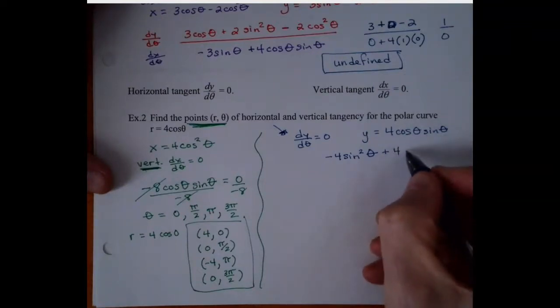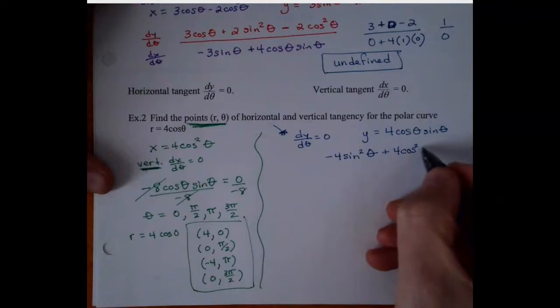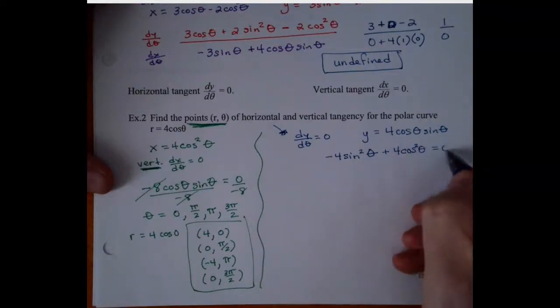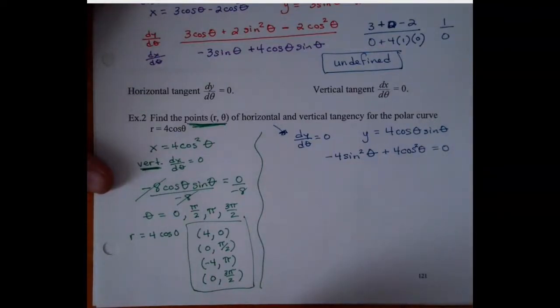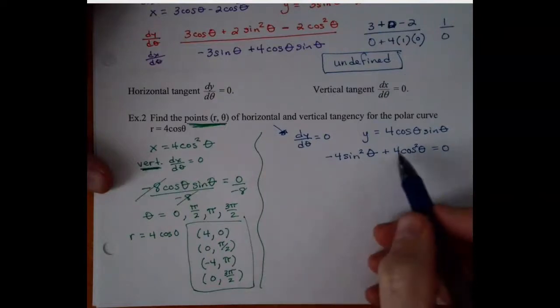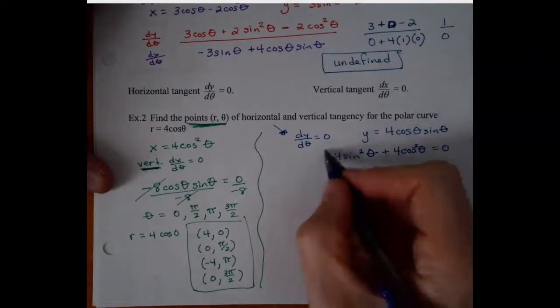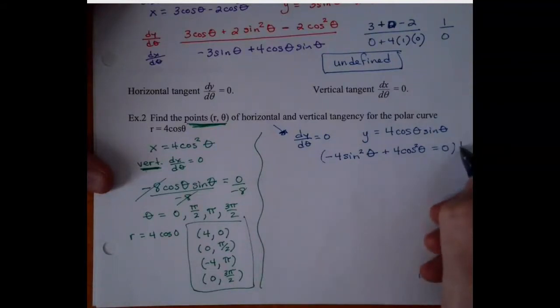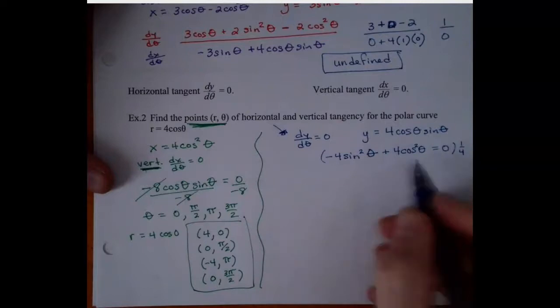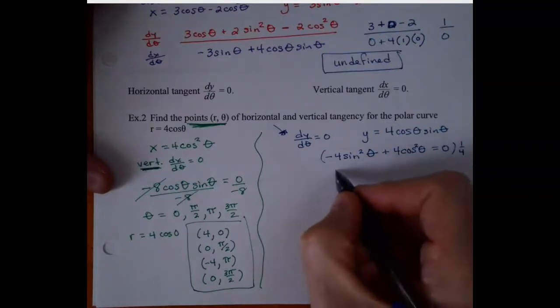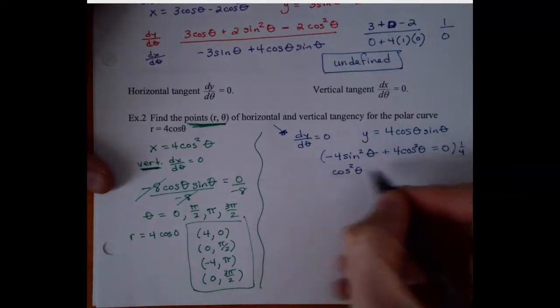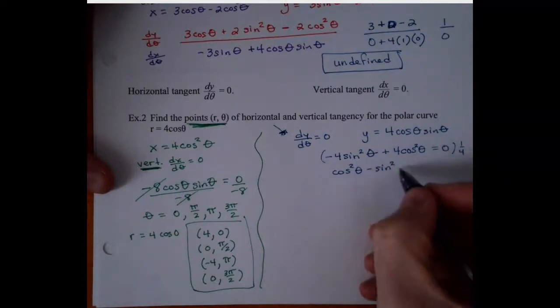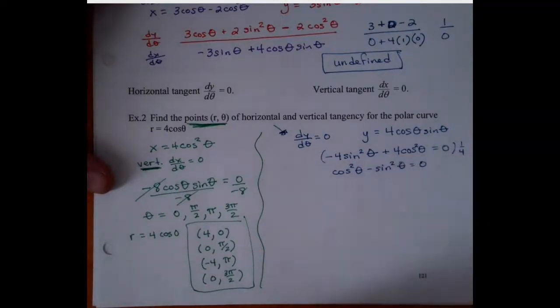So that's 4 cosine squared theta equals 0. Now this is a little bit trickier because we need both of these things. Well, we can rewrite this: we could multiply the whole thing by 1/4, which gets rid of those 4's, and then flip-flop it so we have one less thing to worry about.